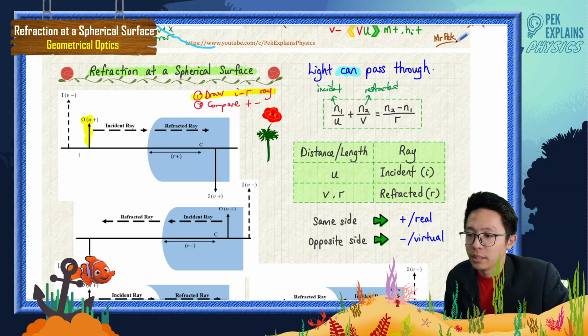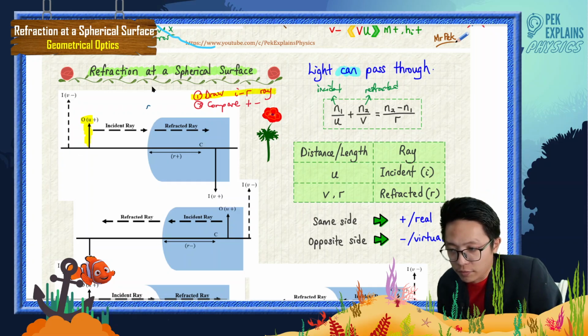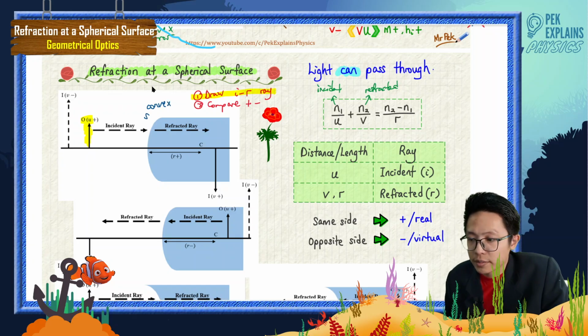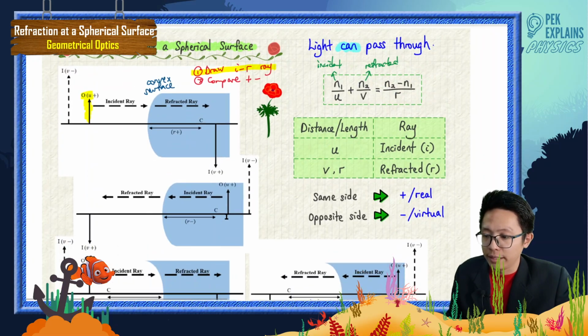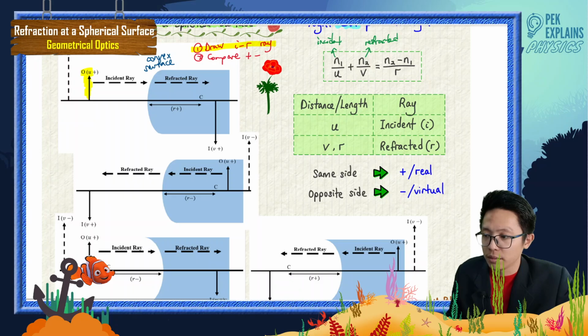This is a convex surface, because it is curved towards the object. The object is inside the glass, and this surface is what kind of surface?